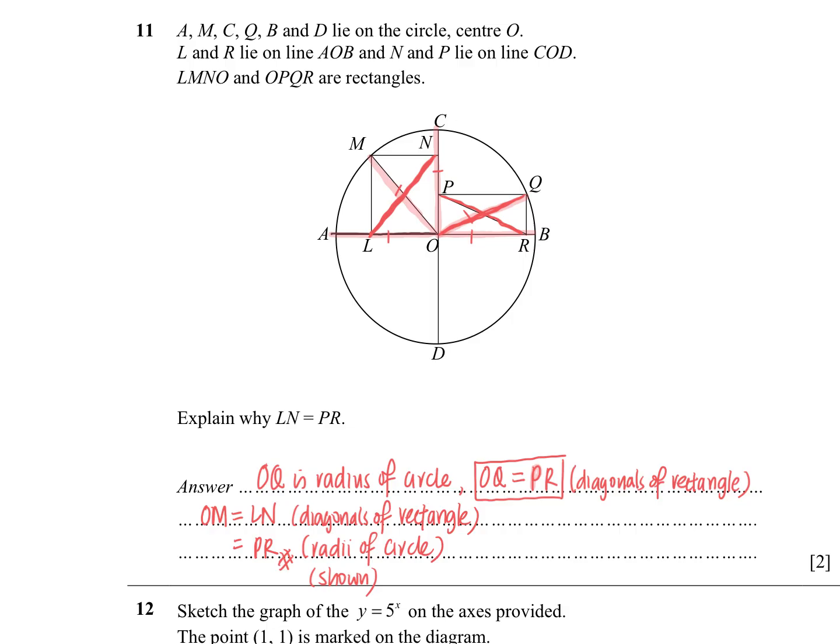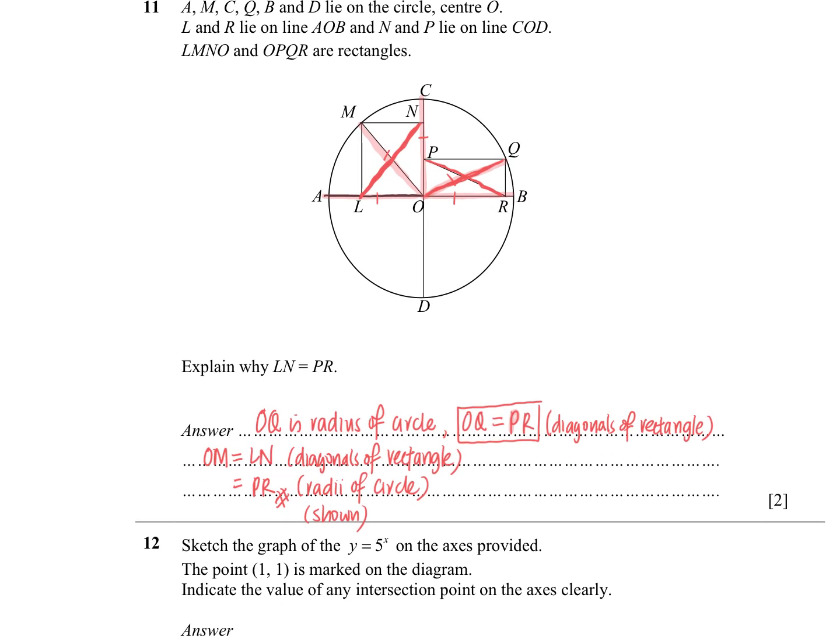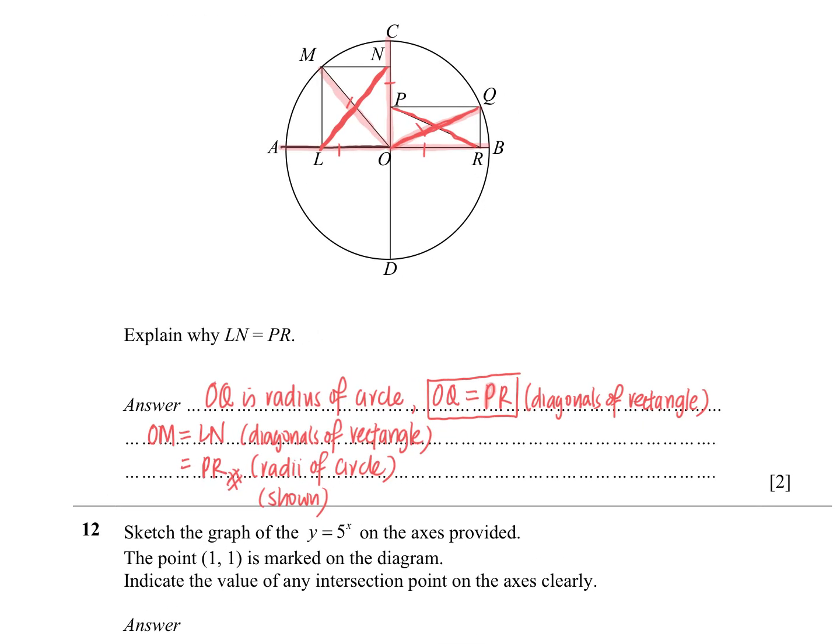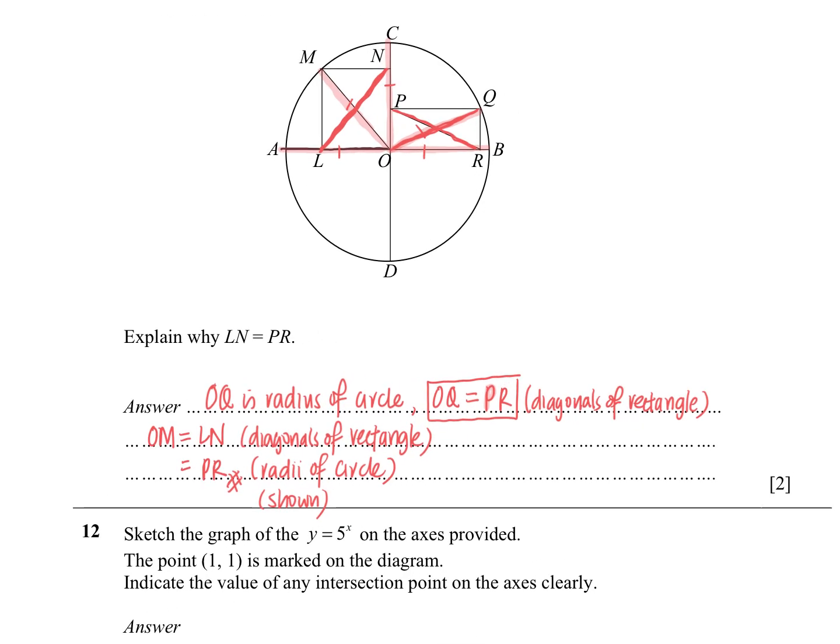Congruency, yes. They won't give it in a circle. Yeah, that's the difference. Okay, so just to show you again that this OQ is the radius. Once it is the radius, you also happen to know that these two are equal, because of the diagonal part.